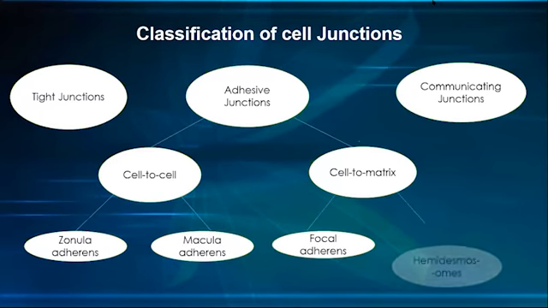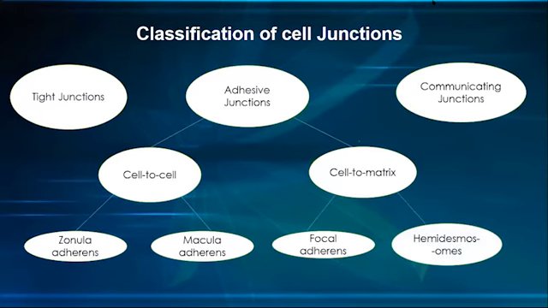Cell to matrix are classified as focal adhesion and hemidesmosomes. So we will study the different locations in which all these cell junctions are present and how they function in their specific location.